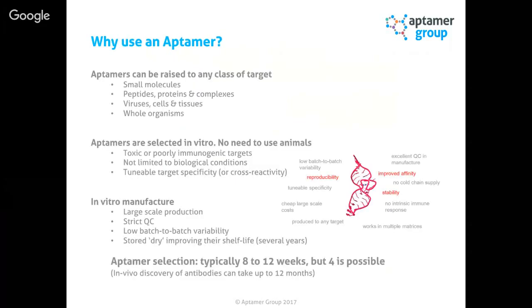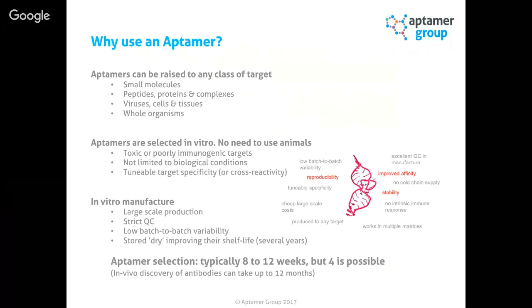So as I mentioned, aptamers are synthetic pieces of DNA. What I mean by that is obviously they're created entirely in a lab. So all in vitro processes, there's no animal use in aptamer selection whatsoever. And that gives us a number of advantages. Firstly, it means we can work with almost any target type.